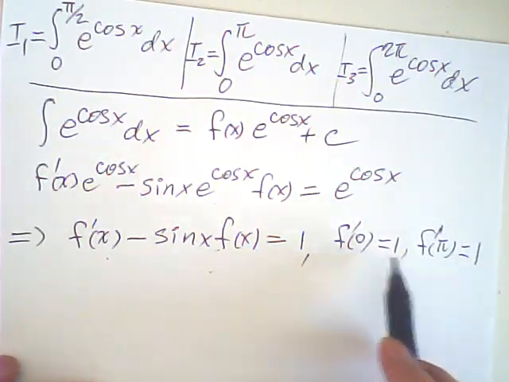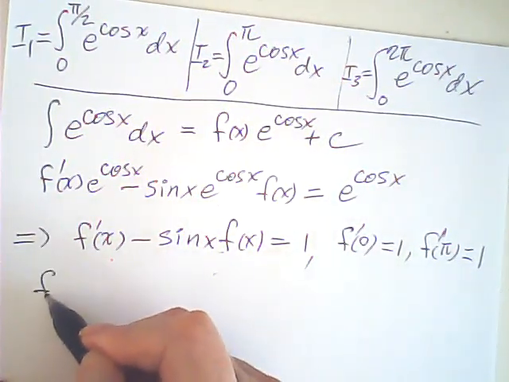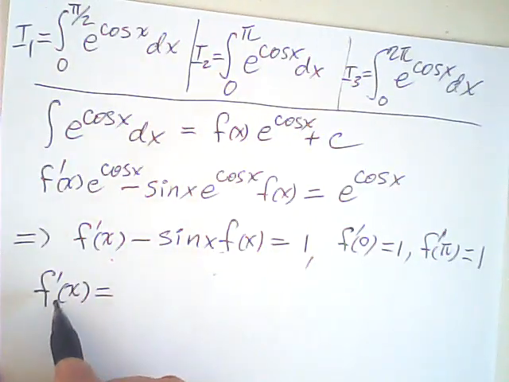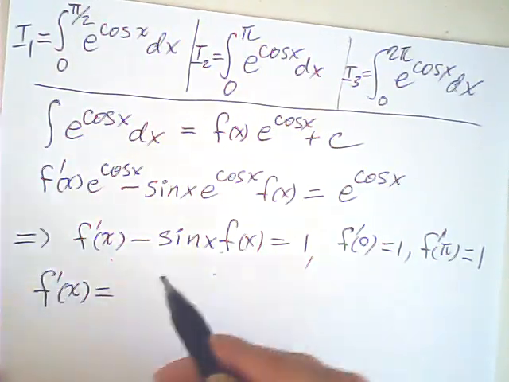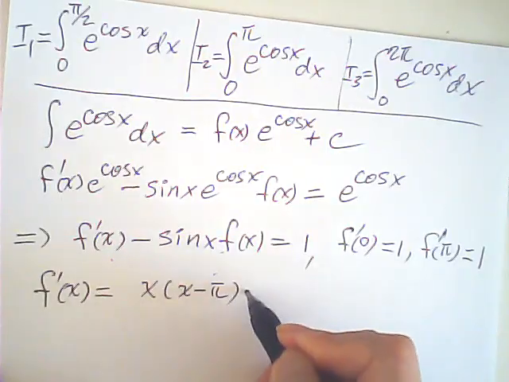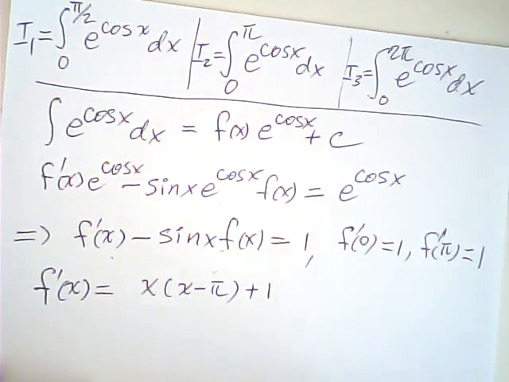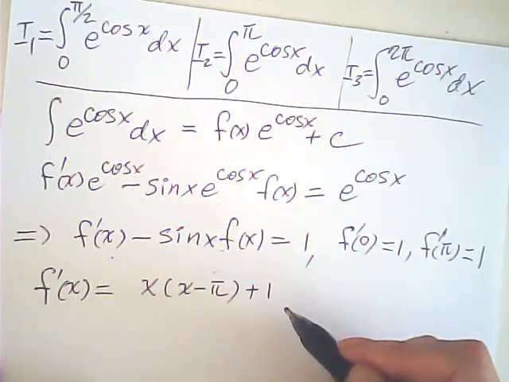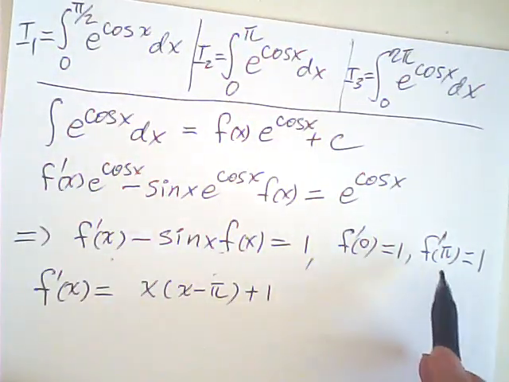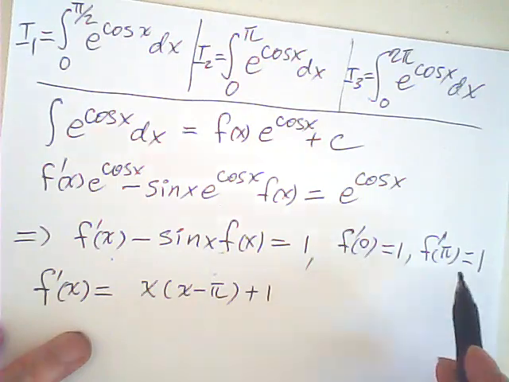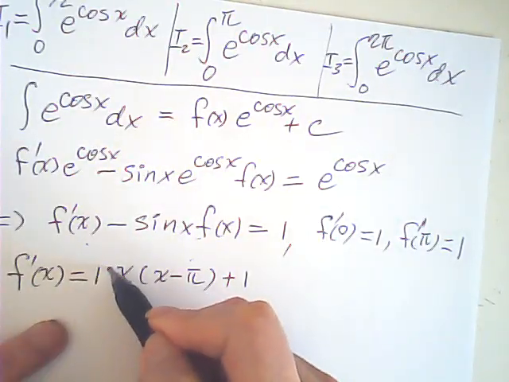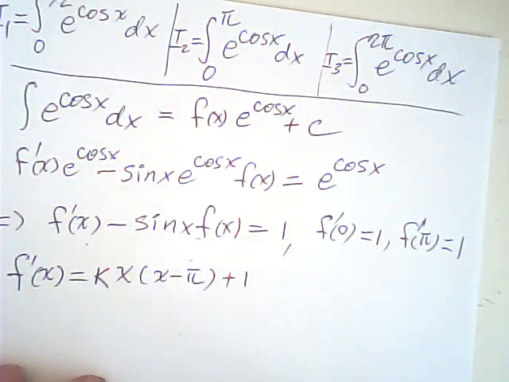From these two, I just assume that the derivative of f of x is equal to x times x minus pi plus 1. It's true when x equals 0, and true when x equals pi. The only difference is that it should be multiplied by a constant coefficient k.